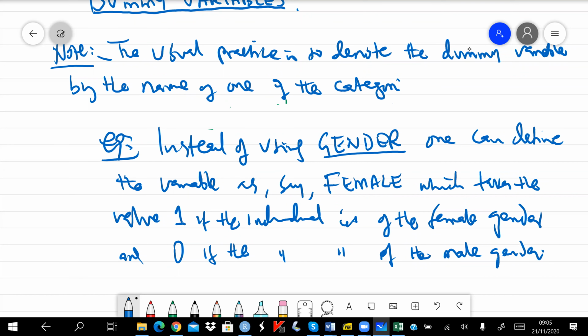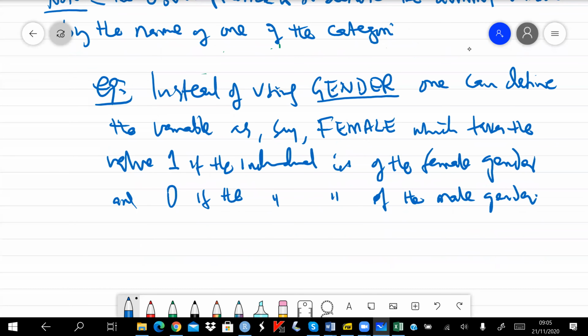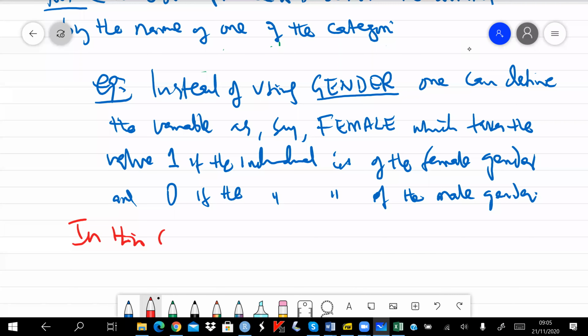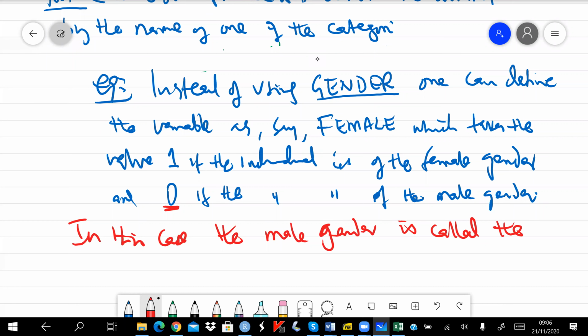In this case, the male gender, the one that is attracting the value 0, is called the reference category.